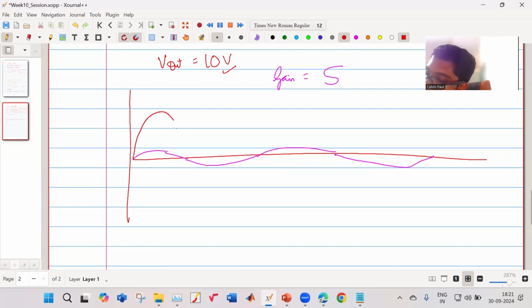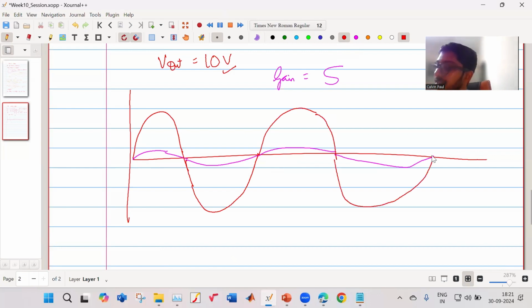Okay, the output signal will look like this. It will be in phase. This is your V out. This is your V in. So this is the way this small signal can be amplified to a large signal.